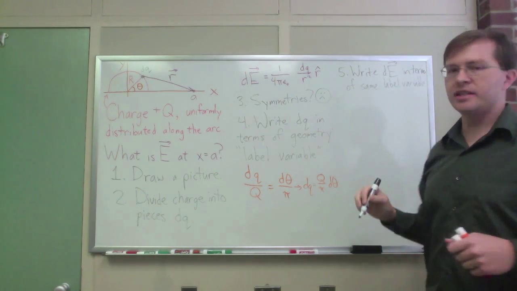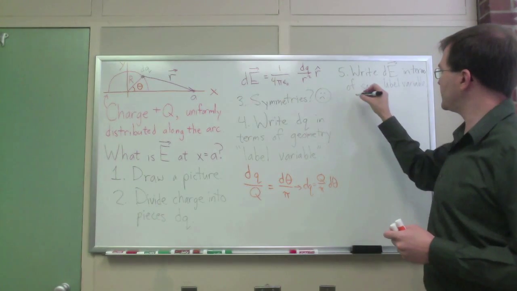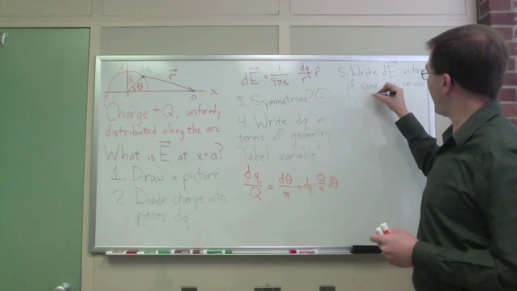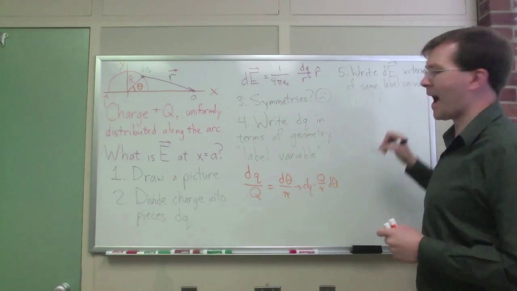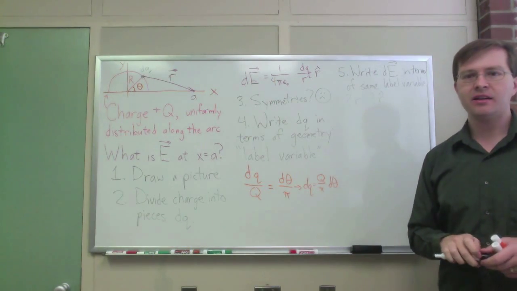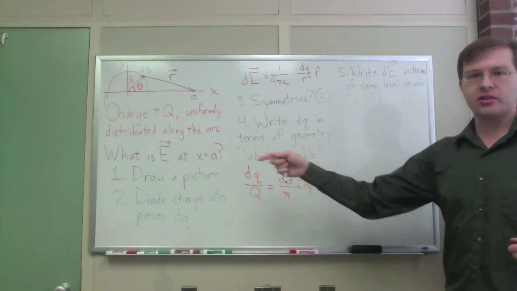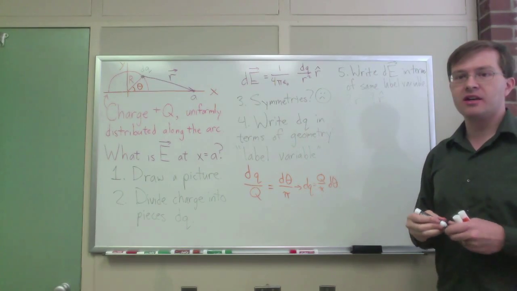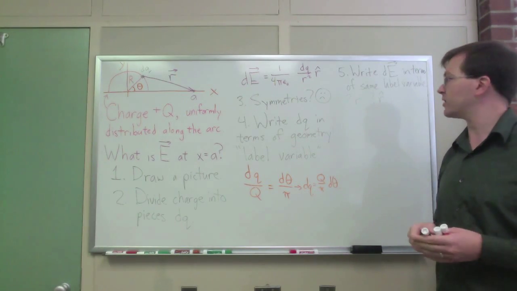And in particular, in this case, what that means is I need to know what is r and what is r hat. I need to identify those in terms of theta. And for this, I'm going to have to clear some space over here to do it, because figuring out r and r hat always takes a little bit of work.